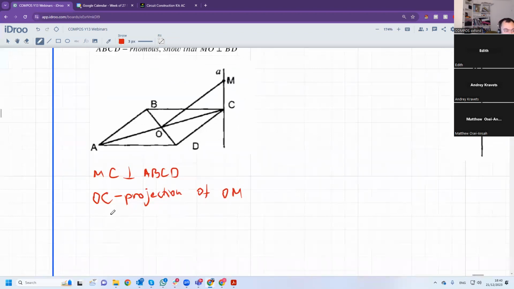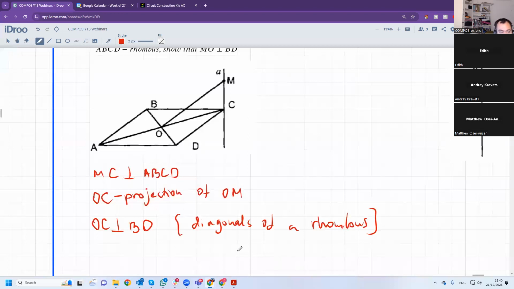That means, and because it's a rhombus, OC is perpendicular to BD, because the diagonals of a rhombus are perpendicular.